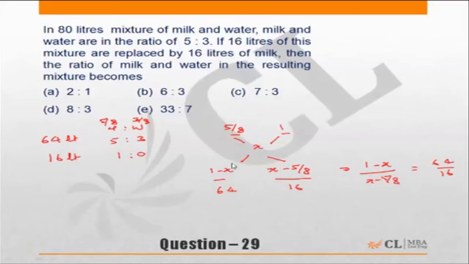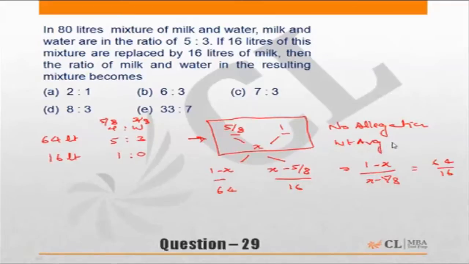You need to remember that if you have to find one of these three things, you should not use alligation. Weighted average is the right approach if one of these has to be found. Use alligation only if the ratio of quantities has to be determined. In this question, the ratio of quantity is given, so alligation was a wrong approach.